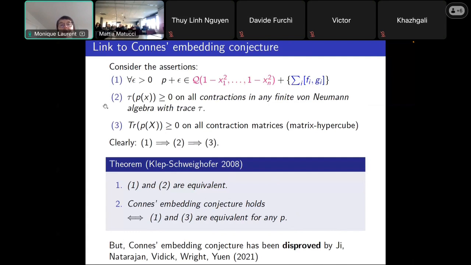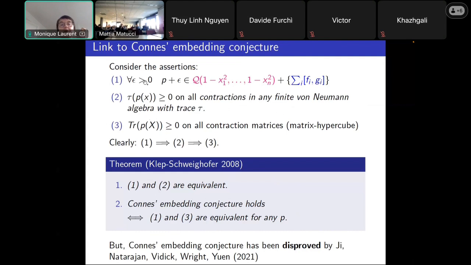Maybe in one sentence, the first line here is trying to understand which polynomials lie in the tracial quadratic module of the hypercube. And these other sentences are setting that the trace of p is positive on contraction matrices on the matrix hypercube, on all contractions in a finite von Neumann algebra.